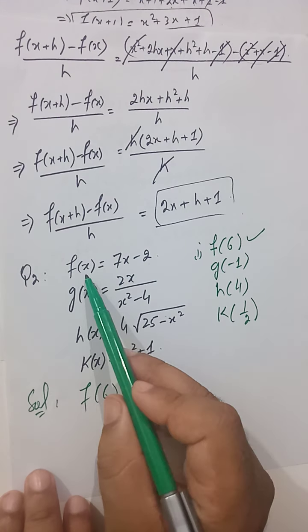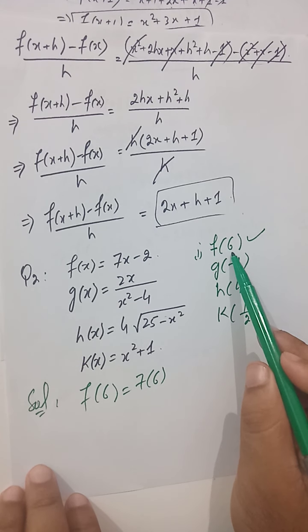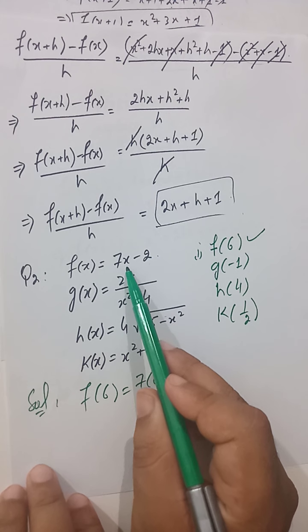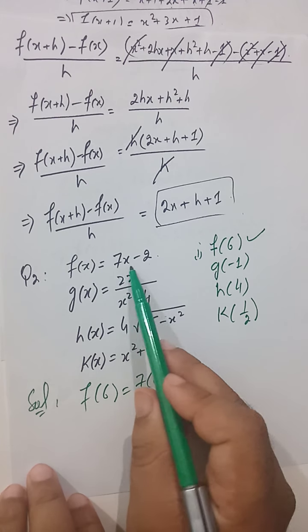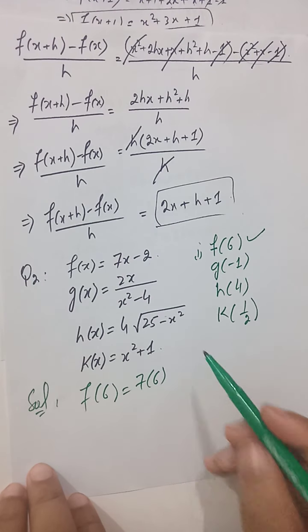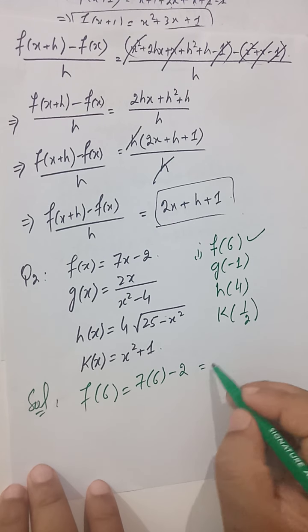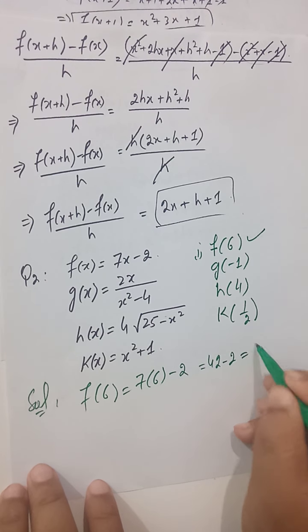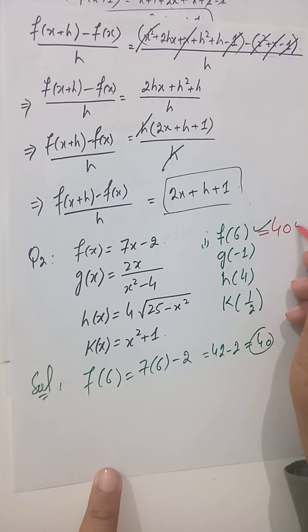If I place x in the argument of the function, you see that there is 6, so you need to replace all the x with this 6. There is 1 x, so I replace it with 6. From here you will get 42 minus 2, so you will get 40. So f of 6 is equal to 40.